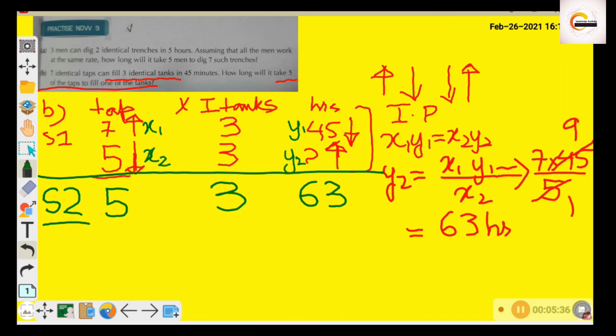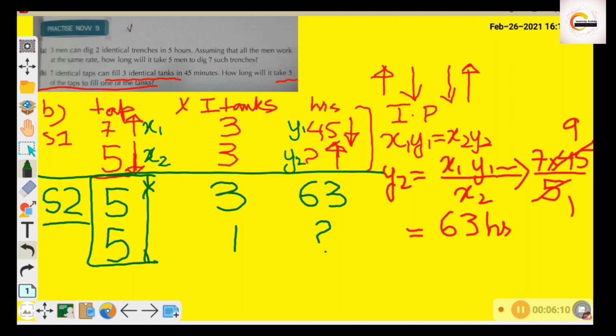How long will 5 taps take to fill 1 tank? So here I'm going to keep this variable constant and will deal with the other two, identical tanks and hours.